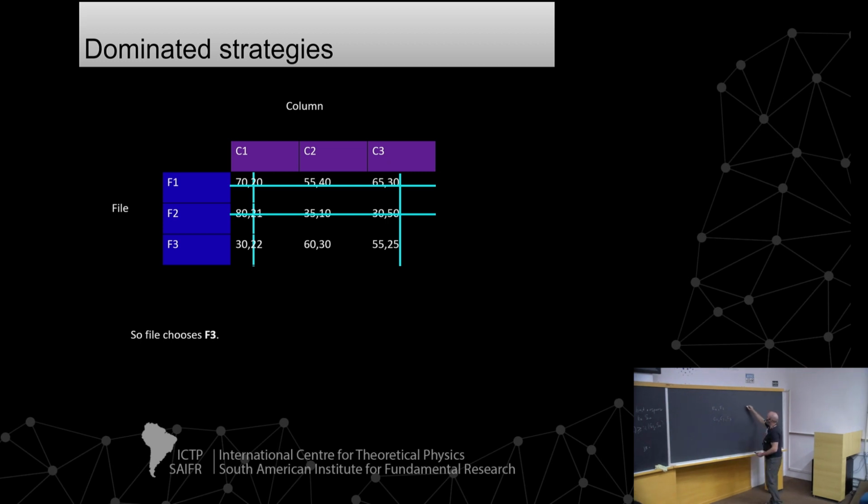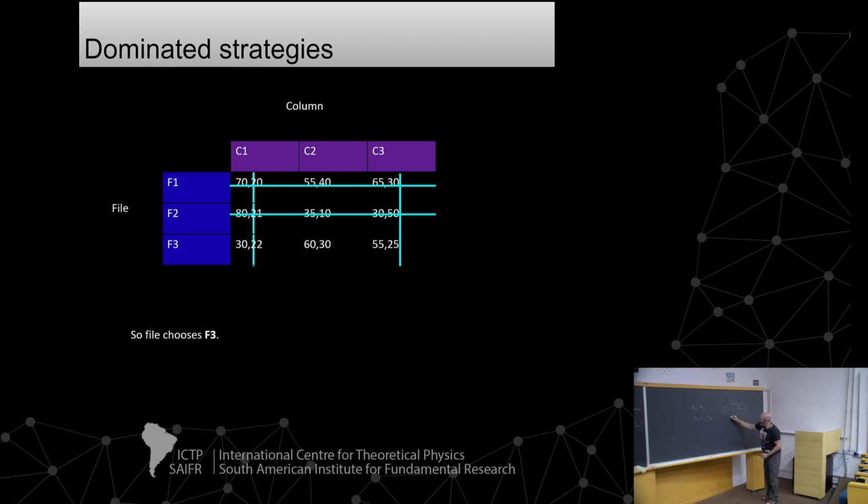One matrix of this shape, where I have for F1 and F2 the payoff of each of these strategies against each of these strategies.